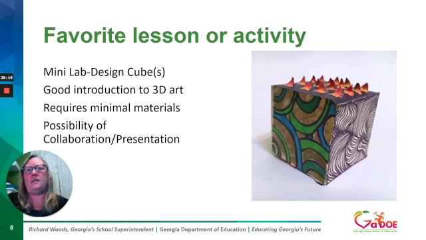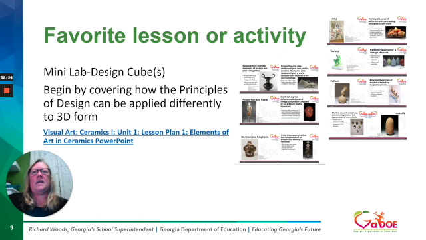creating the designs. So typically I'll begin with showing students an elements and principles of design PowerPoint. They should at this point already have some understanding of the elements and principles, but this goes just a little bit more in depth on how the elements and principles are applied a little bit differently.